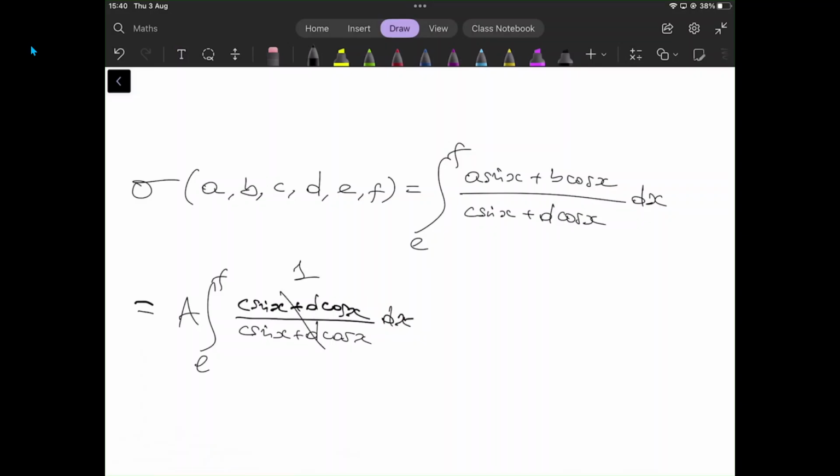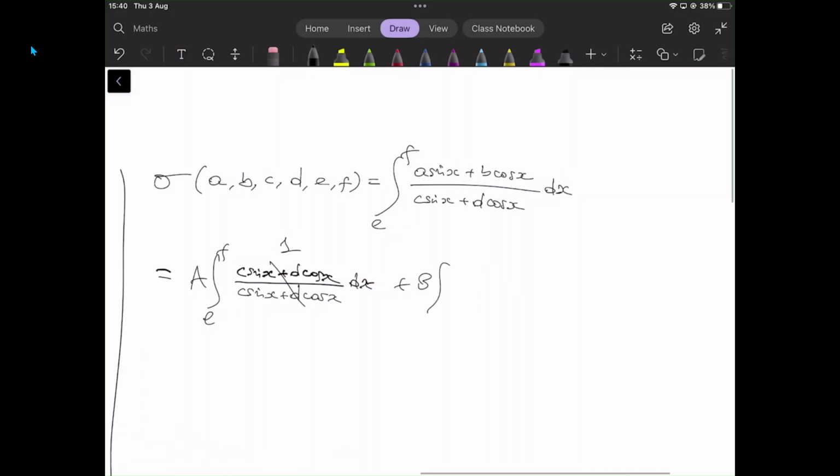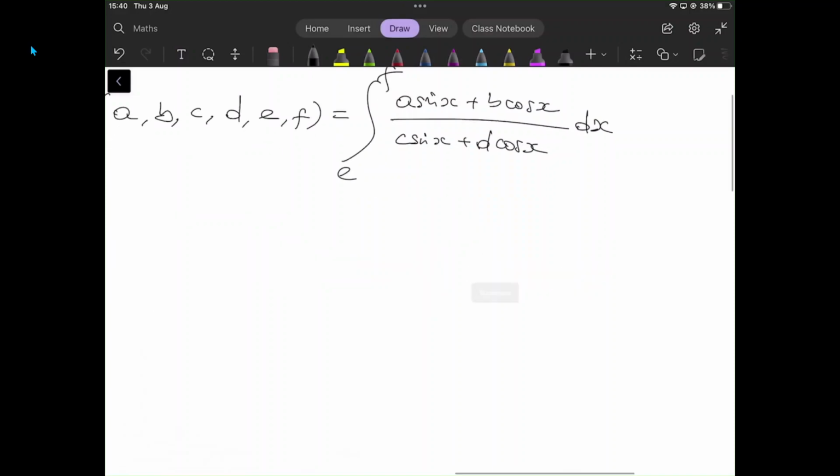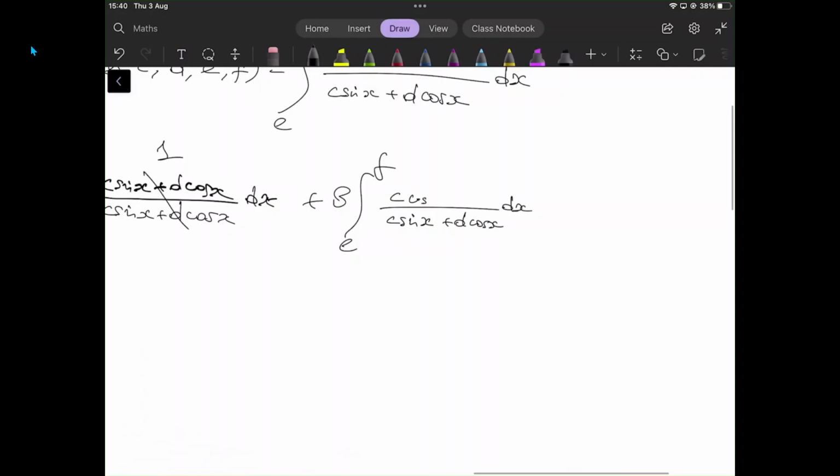It's just 1. Plus b lots of the integral from e to f of the denominator, which stays the same. That's what I already said earlier. And the numerator is just the derivative of the denominator. So the derivative of c sine x is c cosine x, and the derivative of d cosine of x is negative d sine x.